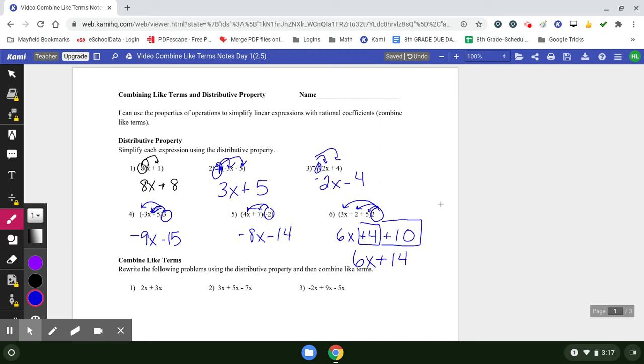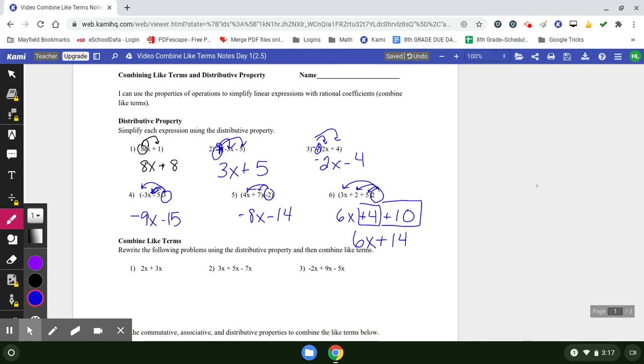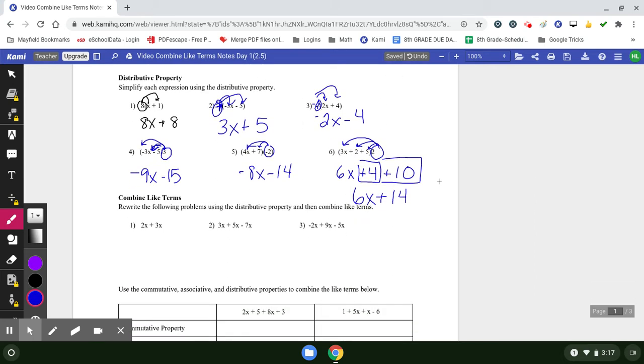Okay? So now that we have done the distributive property, we are going to now use the distributive property. I'm going to rewrite the following problems using the distributive property in order to show why you can combine like terms. So this is why we can combine them. If you look at number 1, there's an x in both of those terms.